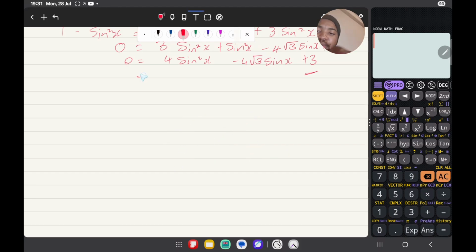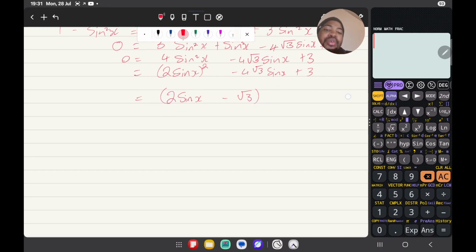Before we break it down, I would like to write this as 2 sine x, squared, minus 4 root 3 sine x, plus 3, right? So now I can actually say that is 2 sine x minus square root of 3, squared, because look at it.